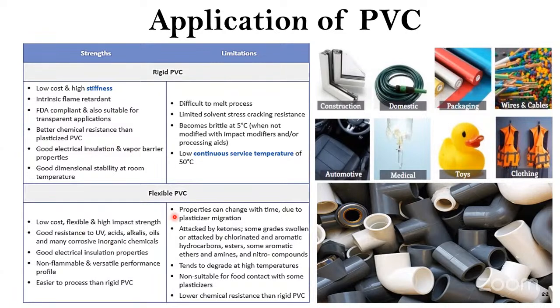Flexible PVC has a lot of advantages as compared to rigid PVC, but has some limitations. So what are those limitations? Here we can say that properties can change with time due to plasticizer migration. This is a very important factor. The plasticizer we choose for PVC, we should check its migration limit. What happens? We add the plasticizer.